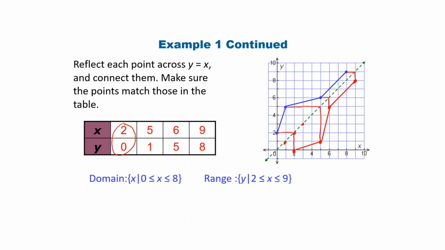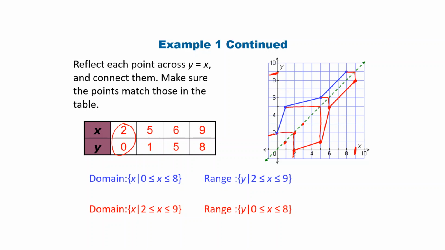And so let's talk about our domain. Let's talk about the blue set first, our first set. Our domain, which is our x's, goes from 0 to 8. And the y's are going from 2 up to 9. Notice that. Now, when we look at our inverse, the domain is 2 to 9, so our x's are going from 2 all the way to 9.